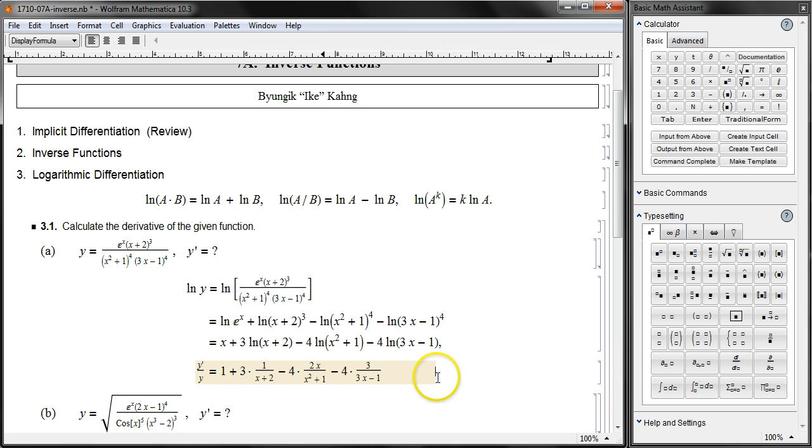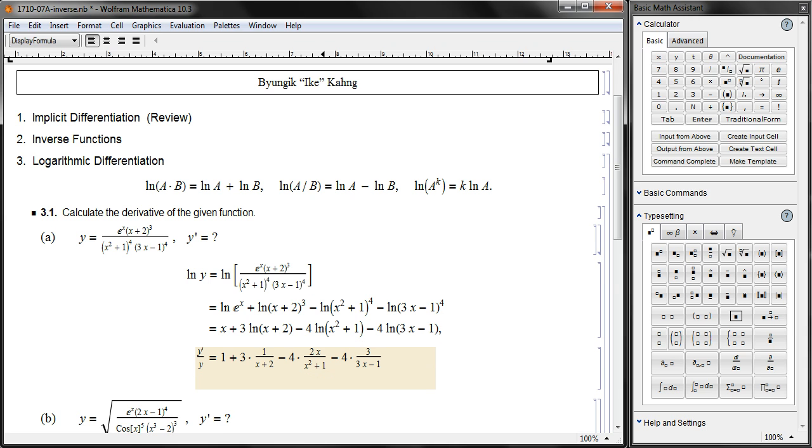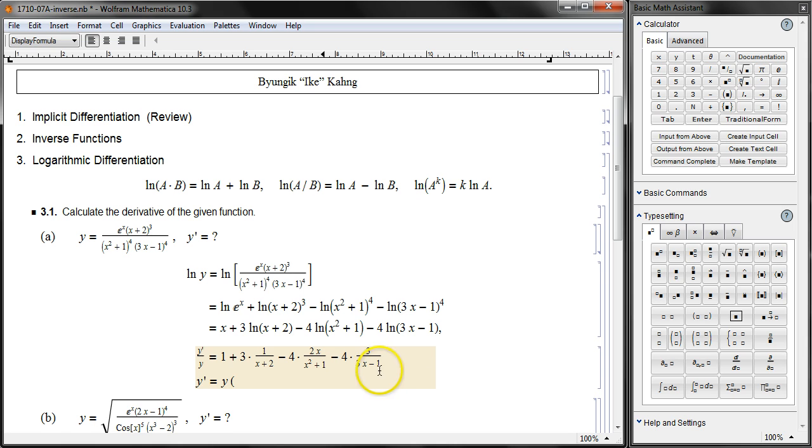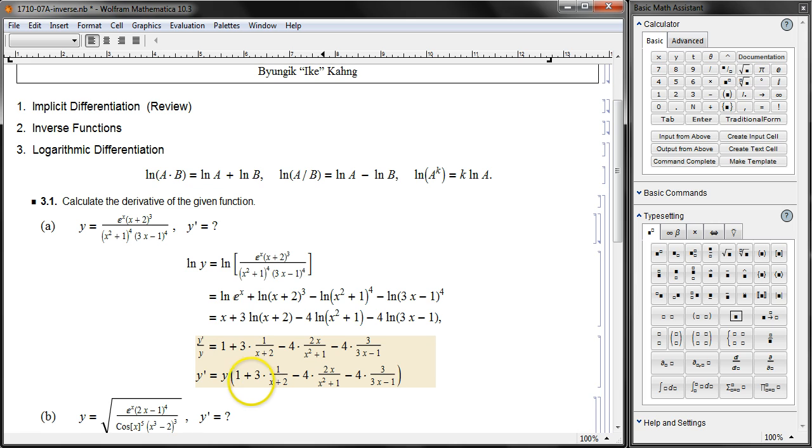So let's simplify this a little bit. Okay, flip this y to the other side, and then we have this expression here. And we can simplify this just a little bit, right?